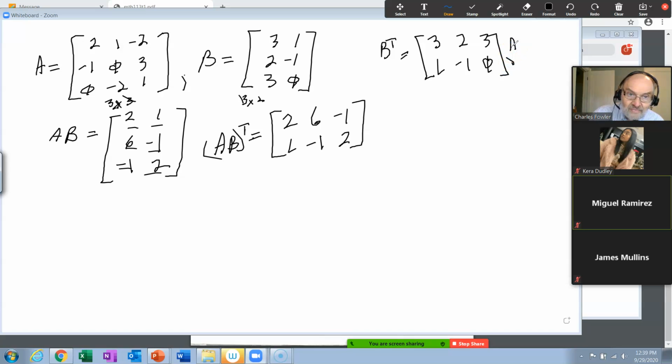A transpose is going to be 2, -1, 0, 1, 0, -2.